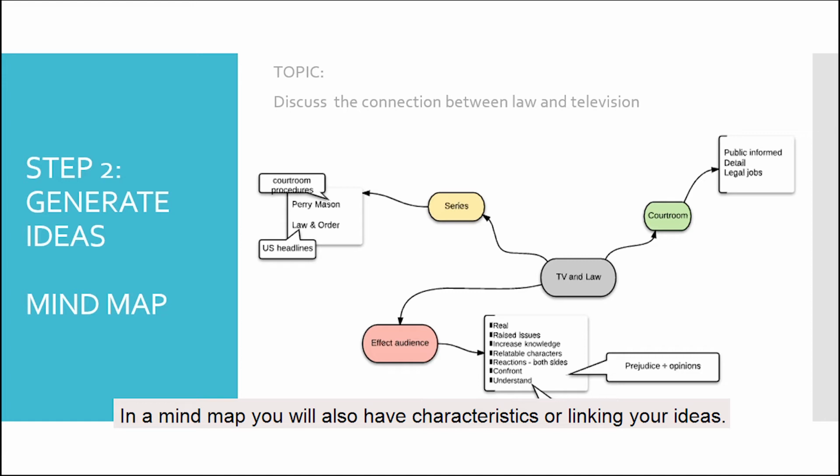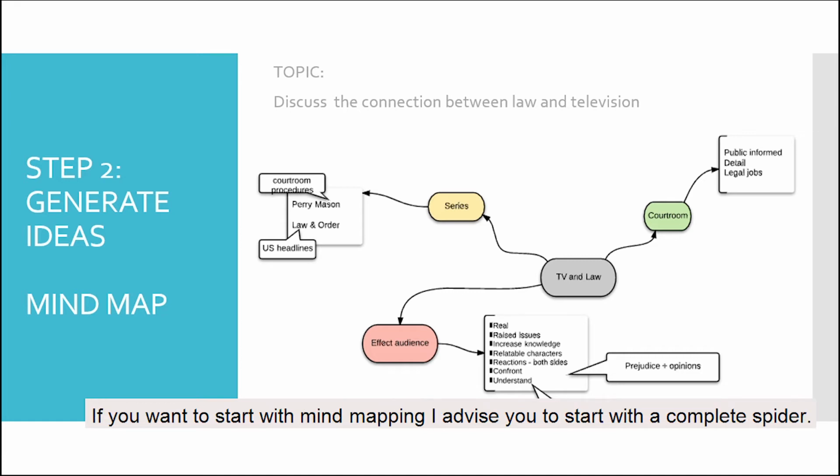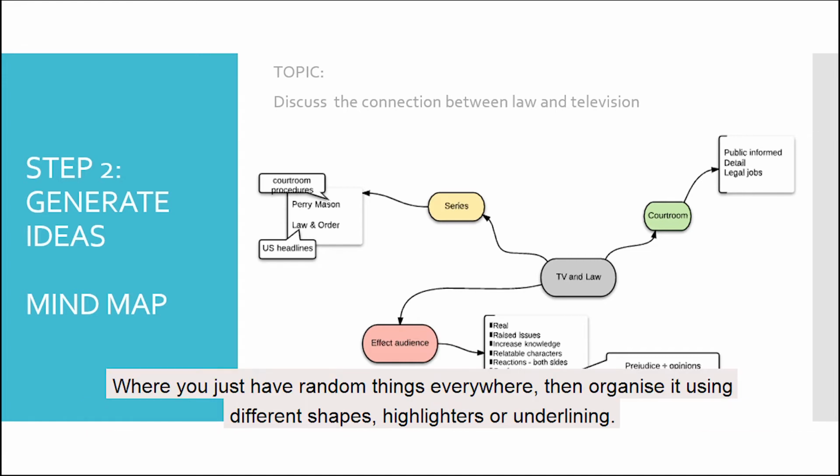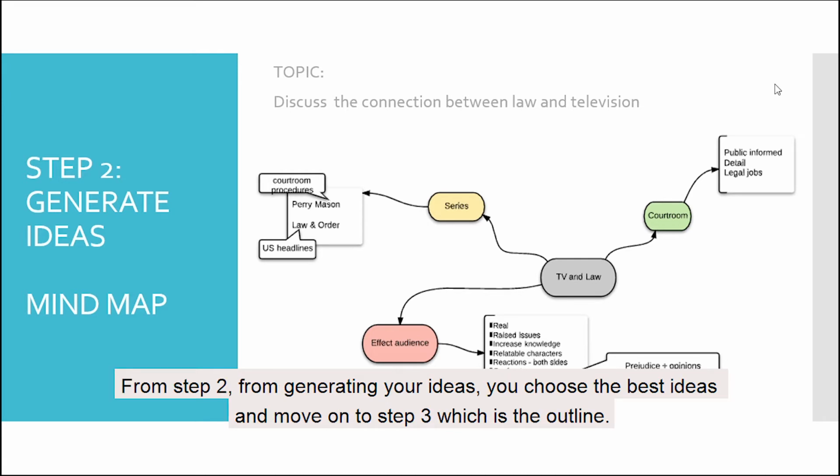If you want to start with a mind map, I would advise you to do a complete spider, where you just have random links everywhere, and then organize it using shapes or different highlighters or different colors or different underlining methods to then show what is important and what is not. From step 2, from generating ideas, you choose your best ideas and you move on to step 3, which is your outline.